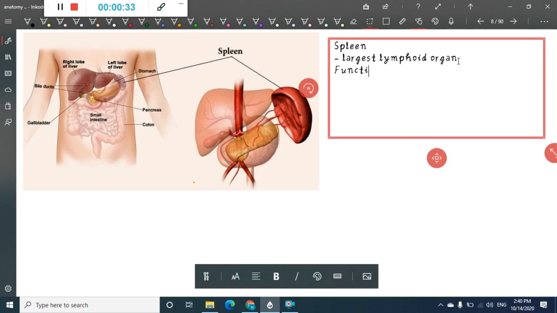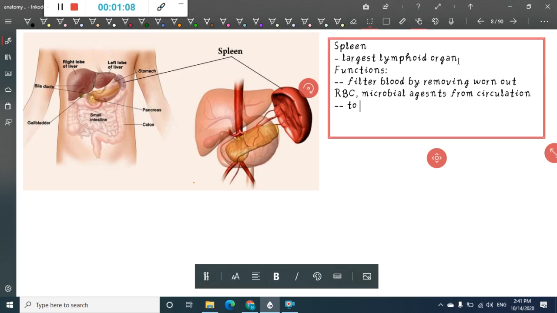What are the functions of the spleen? The functions of the spleen mainly include filtering the blood by removing worn out RBCs and microbial agents from circulation.